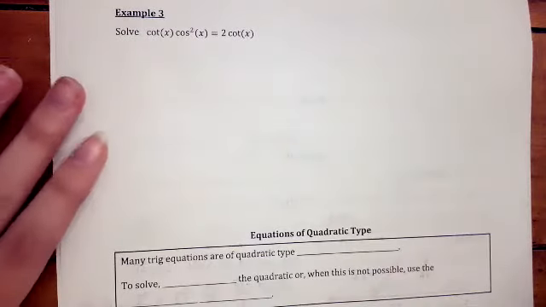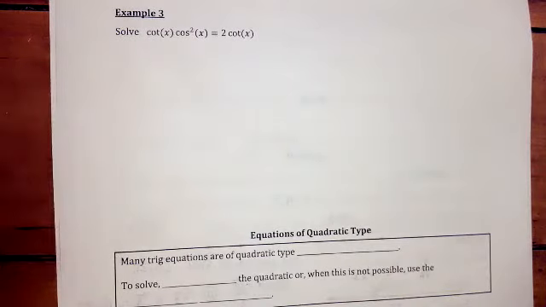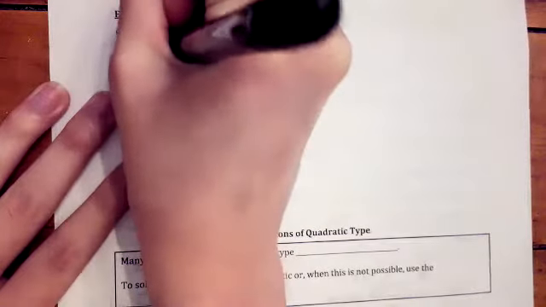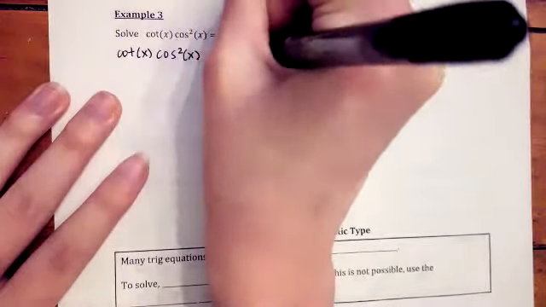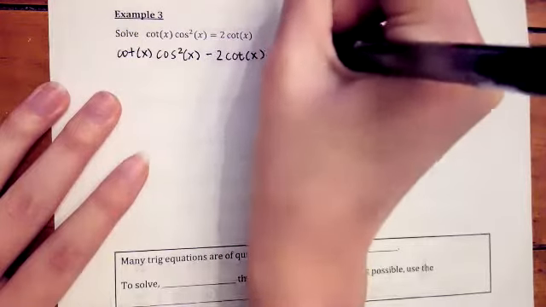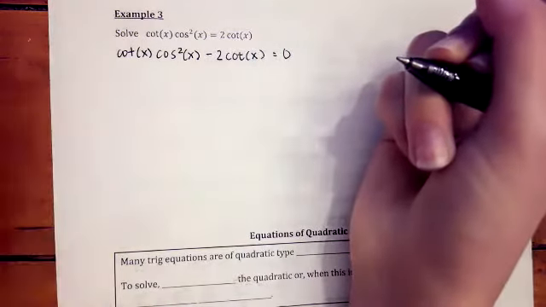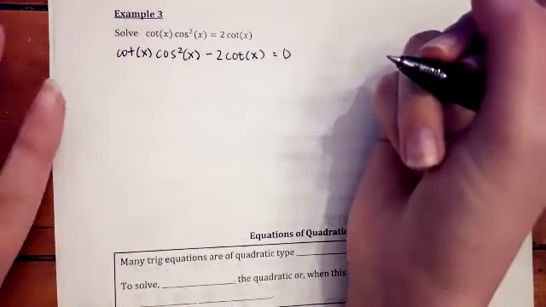Example 3. I'm going to try to move all my trig to one side. So I'm going to have cotangent of x, cosine squared, minus 2 cotangent equals 0. Okay, so I just moved that 2 cotangent to the other side.